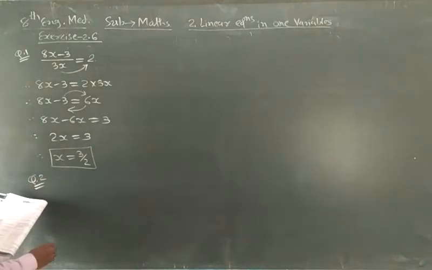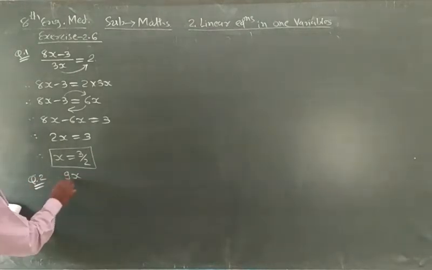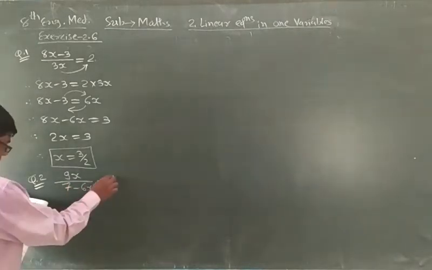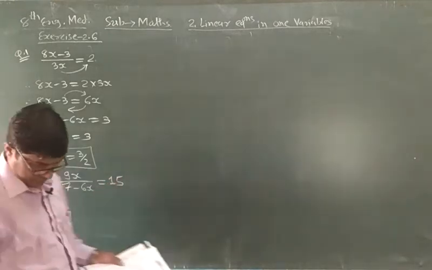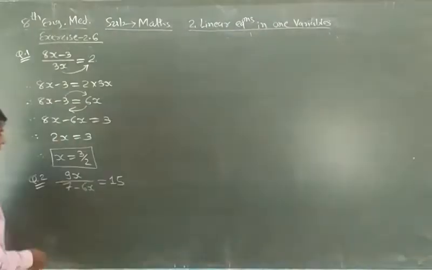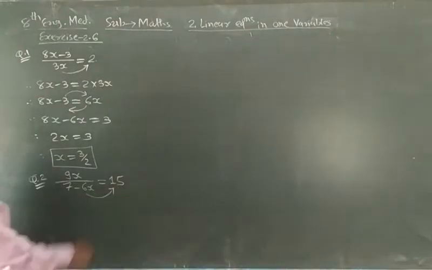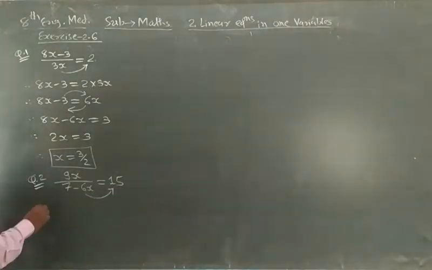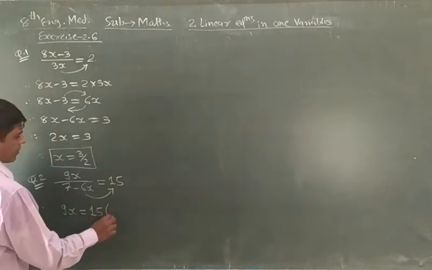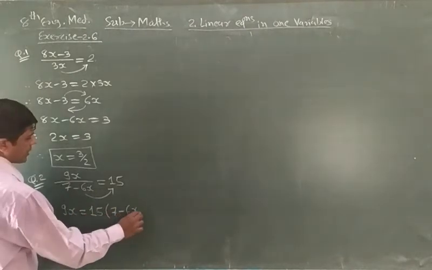Write the question. 9x upon 7 minus 6x is equal to 15. So first here going this side, divide going this side, so multiply. 9x is equal to 15 bracket 7 minus 6x.